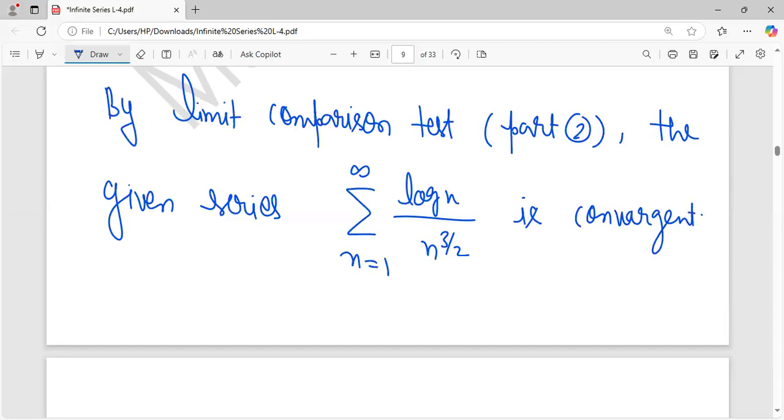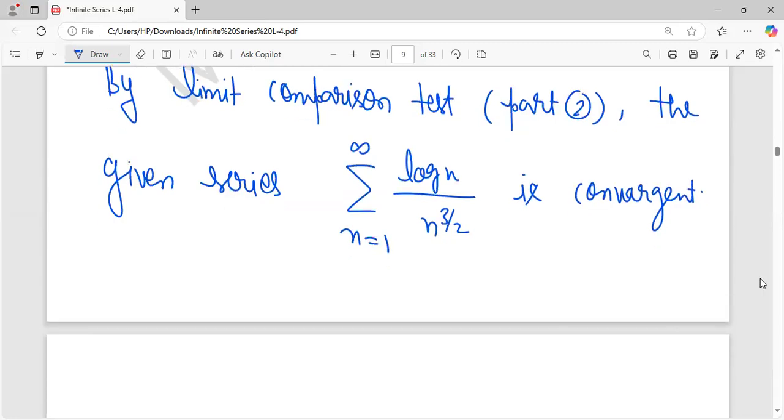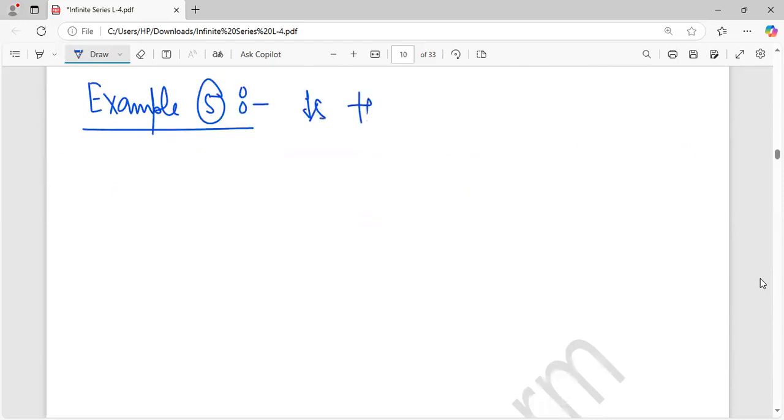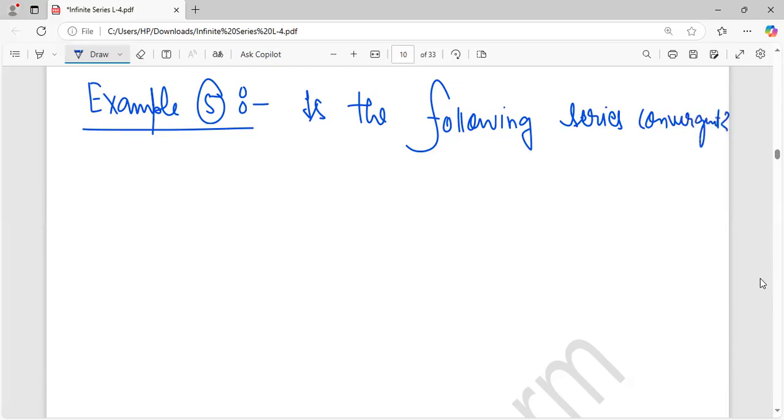Now another example we are seeing. Example 5. Is the following series convergent? The series is summation n goes to 1 to infinity sine 1 upon n. Solution.